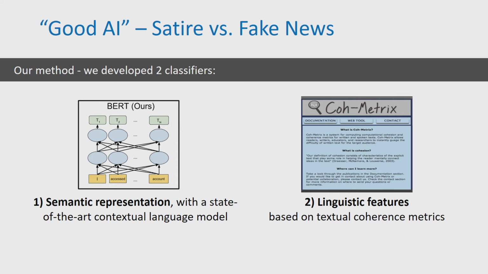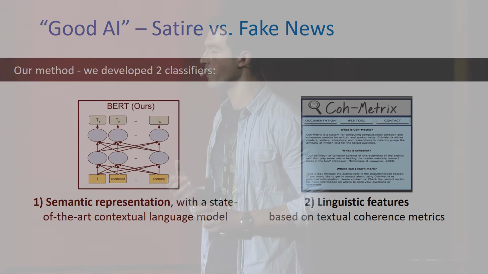But unlike word2vec, which learns a single embedding for a word, BERT learns an embedding that depends on the context. So the semantic representation is much stronger, much more representative. So that's for the semantic part.